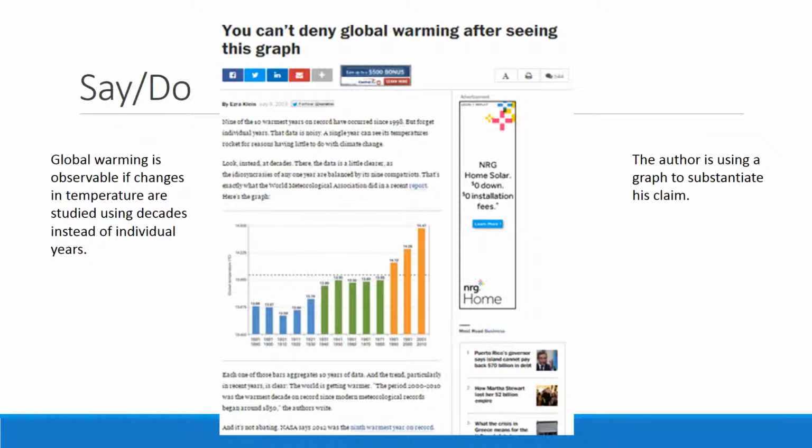We have our little article from our first slide here about global warming, and it's super, super short, and I know it's hard to read, but I just wanted to give you an example. The summary is that global warming is observable if changes in temperature are studied using decades instead of individual years.